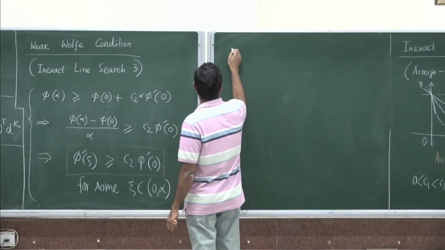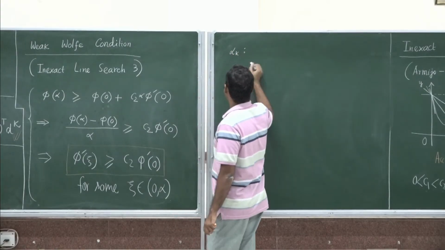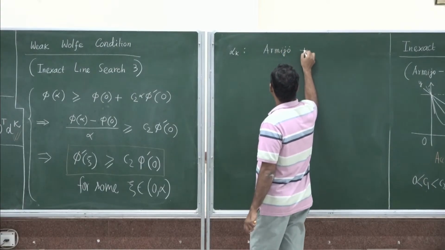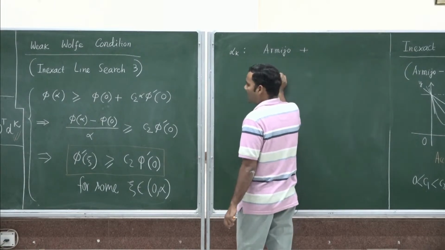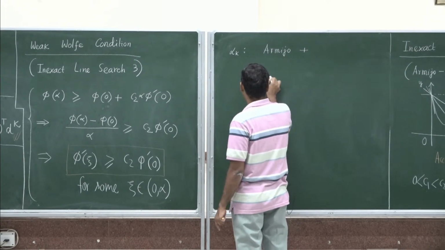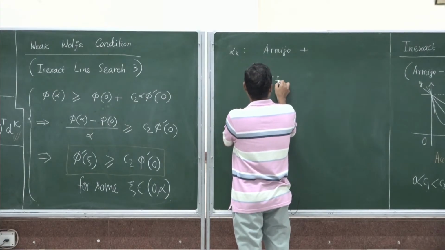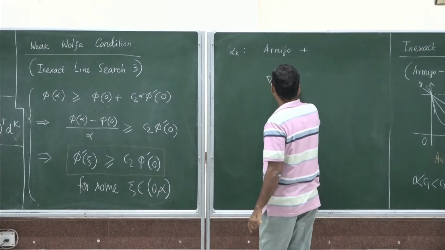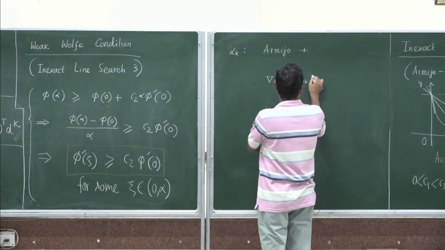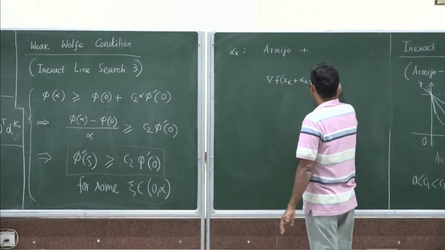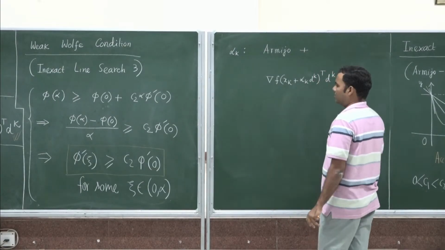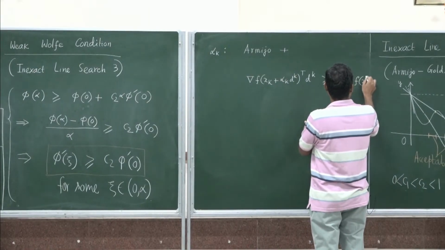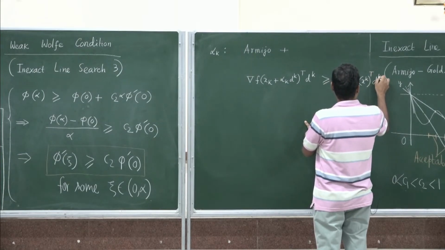The weak Wolfe condition is: choose alpha k such that you have the Armijo condition plus phi dash alpha k, which is gradient of f at xk plus alpha k dk, transpose dk, greater than or equal to C2 times gradient of f at xk transpose dk.